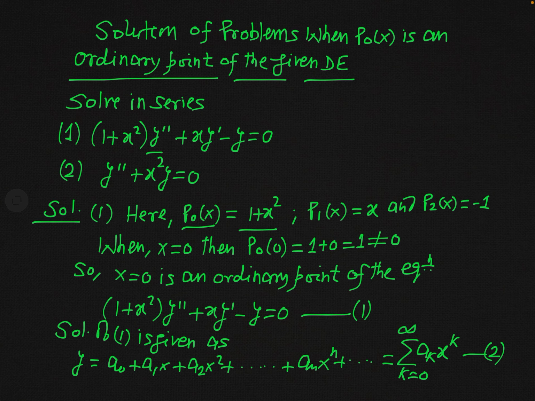If x is equal to 0, then p naught 0 is equal to 1 plus 0, which is equal to 1, and so it is not 0. And if it is not 0, then you know that this particular point x equal to 0 is called an ordinary point of this equation.